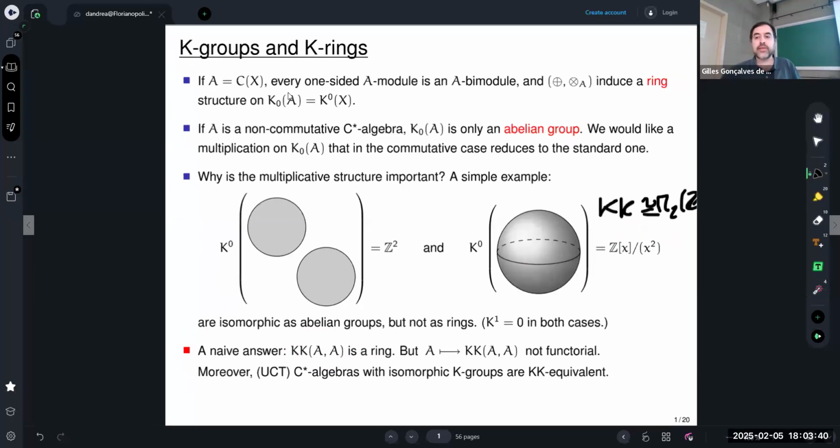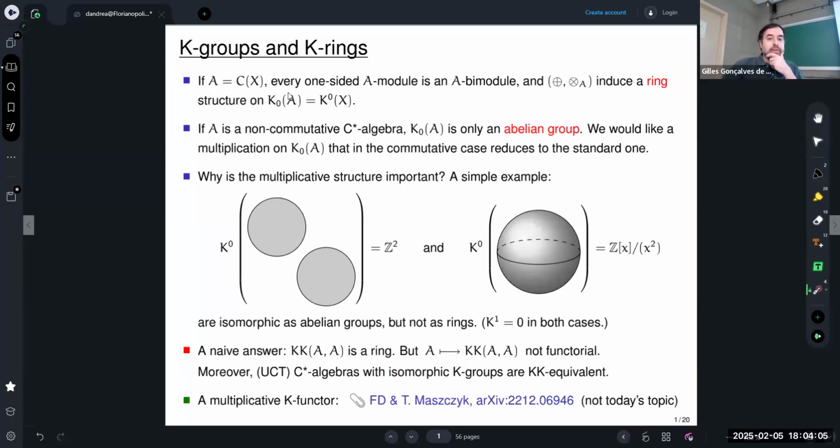So it's not what you would like to have. Also, you cannot expect that it is a finer invariant than the K-theory groups, because for a large class of C*-algebras, having isomorphic K-groups means that the C*-algebras are KK-equivalent, so you don't get more information. Plus, it's not functorial, and there are other problems.